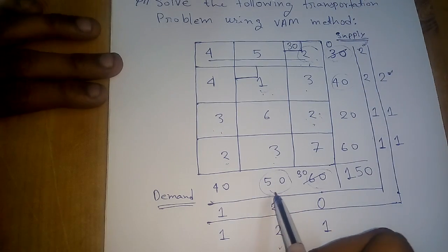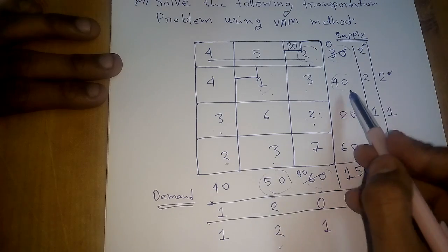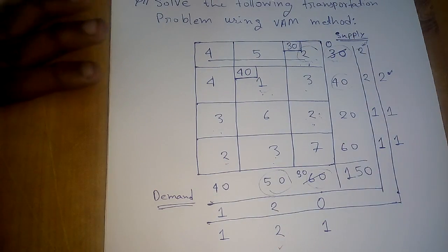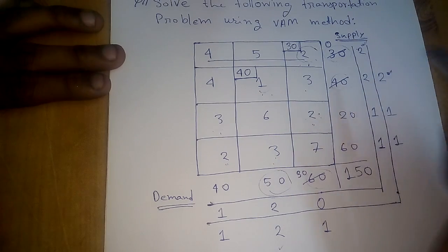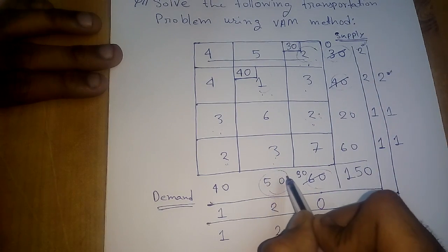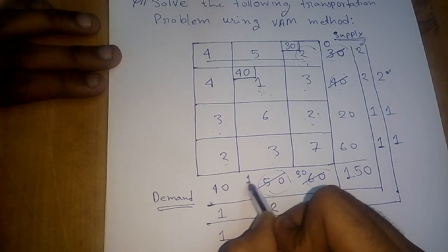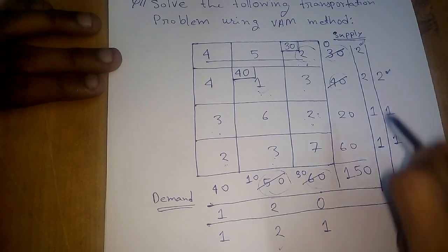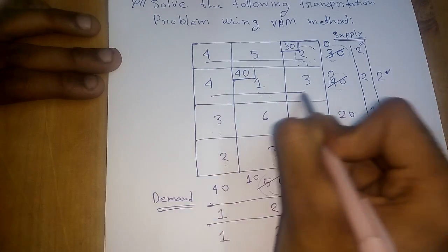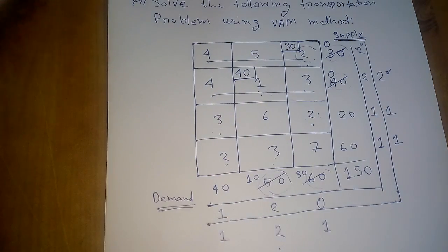We will take the minimum value. 40 is the minimum, so we will write 40 here, and the 40 will get cancelled, and we have to subtract 40 from 50, and 10 will remain here. As this value is 0, we have to cancel the entire row.